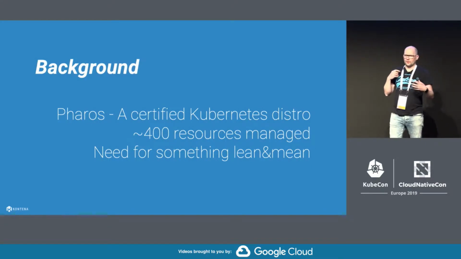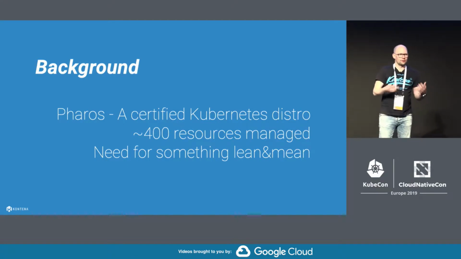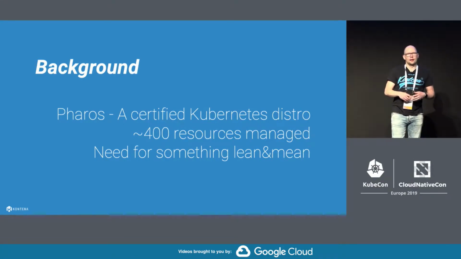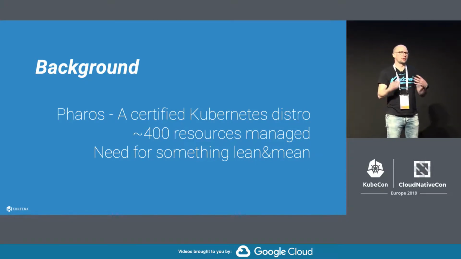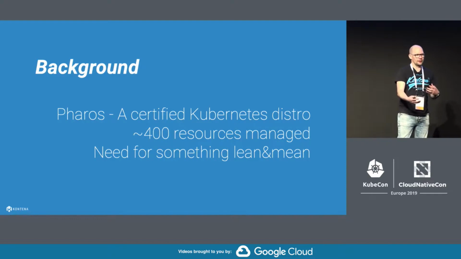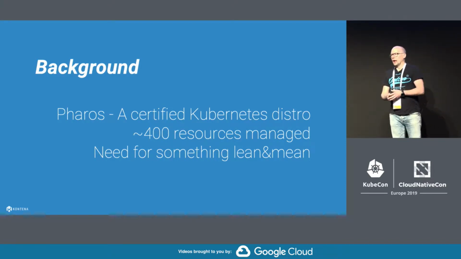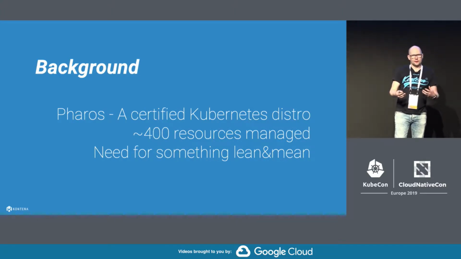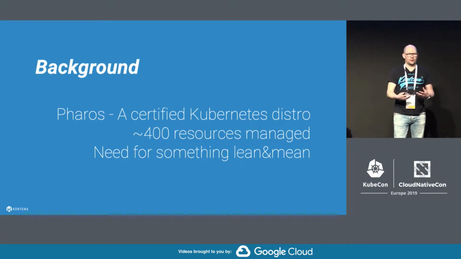As I mentioned, we've been building this Kubernetes distribution called Pharos for a year and a half now. As part of the distribution, we set up hundreds of different resources on top of the core Kubernetes cluster. And of course, when you manage that number of resources, you have to have something lean and mean to operate on.